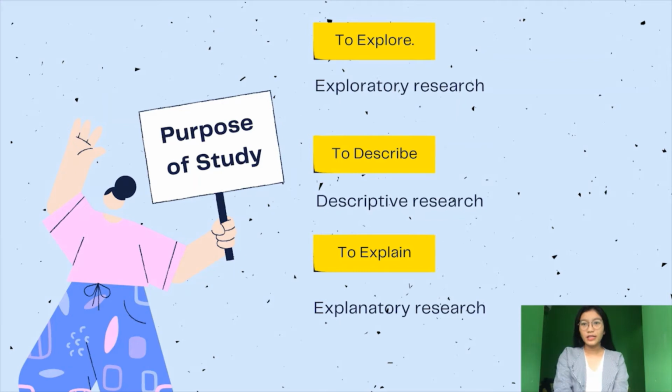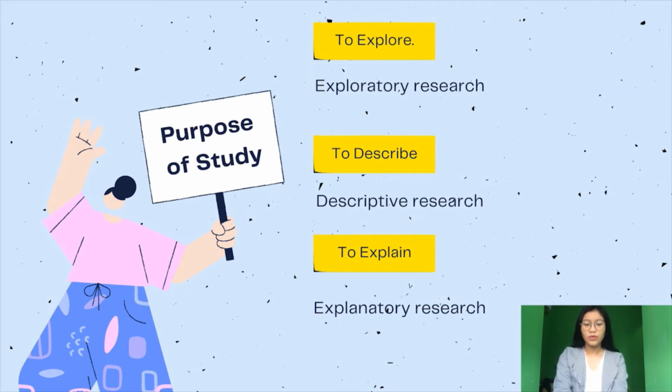Purpose of a study. Number 1 is to explore. Exploratory research: a researcher examines a new area to formulate questions that he or she can address more specifically in future research. Number 2 is to describe. Descriptive research is appropriate when you have basic information about social phenomena and are ready to describe it in greater depth.